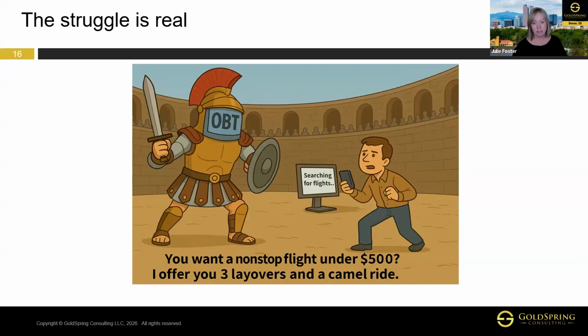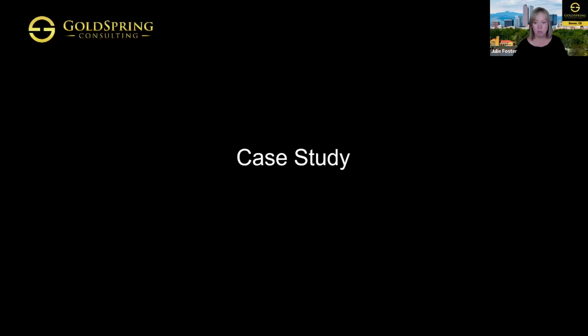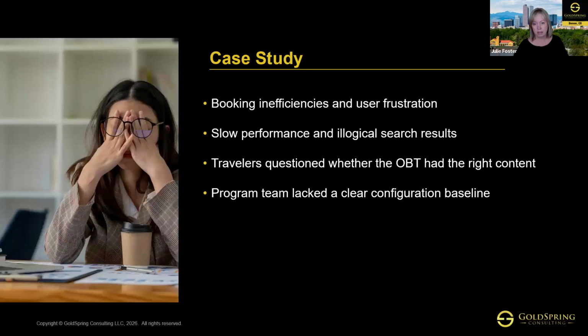The good news is that these challenges can be addressed through a structured review and optimization process. We have a case study to share that demonstrates how one organization moved from their ongoing troubleshooting to a more comprehensive approach. Like many, this team had primarily addressed issues as they arose rather than conducting a full audit.